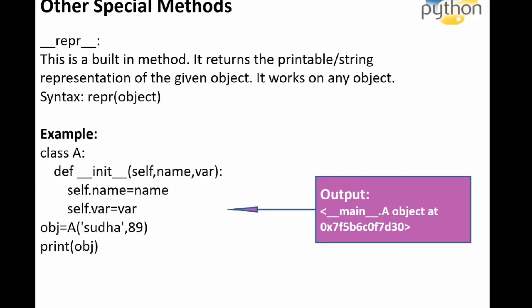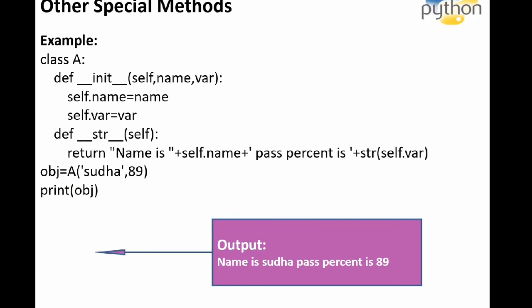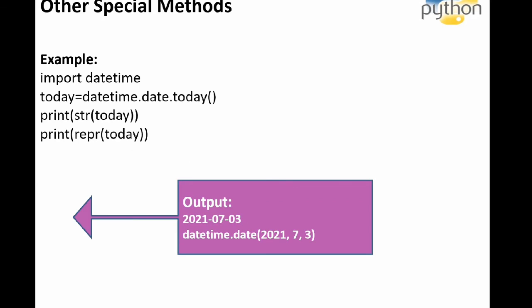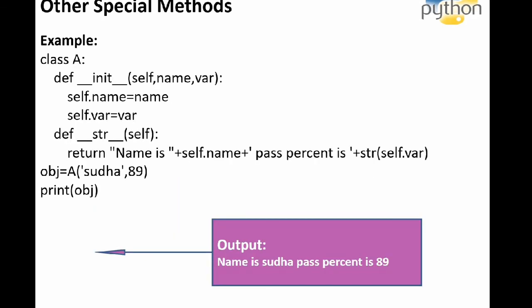Between str and repr, both are used for getting printable string formats. In this particular case, when I said print obj, I specifically have written str over here. If I'm not writing this str, the default str is called, and that's the reason why you got an answer like this.